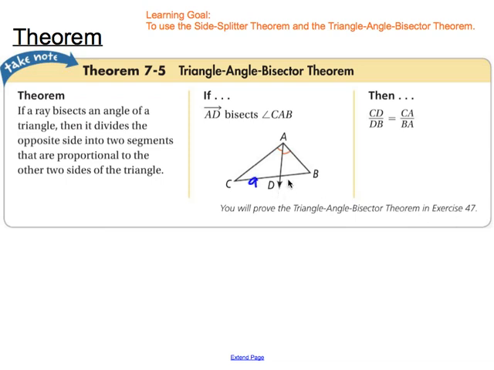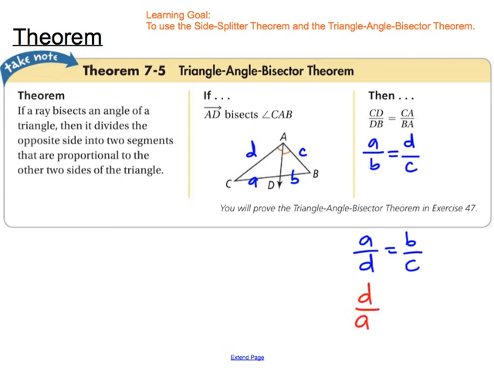So let's call this A, B, C, and D. So we have CD, which is A, over DB, which is B, and that equals CA, which is D, over BA, which is C. By using the second property of proportions, I'm going to switch D and B. So we have A over D, which equals B over C. And then finally, I'll use the first property of proportions to flip this over. D over A equals C over B.